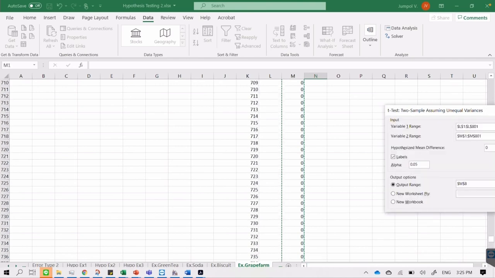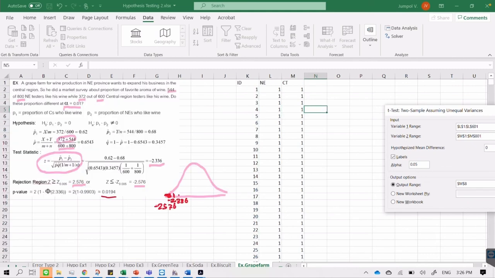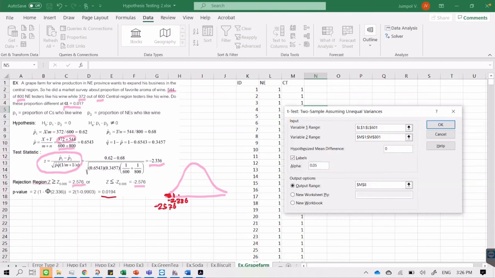Oh, actually, this should be 601. Okay, and the hypothesized mean difference is 0. Alpha is 0.01. And we want the output range to be here.